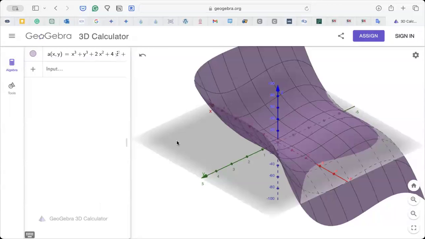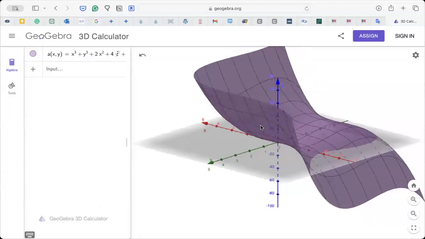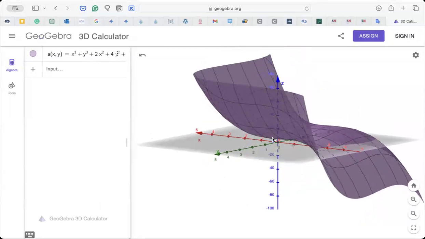Okay, so you can see we have a maximum and minimum, but here it's quite difficult to see because the slope is not that strong. But if you zoom in, around here you see the minimum.